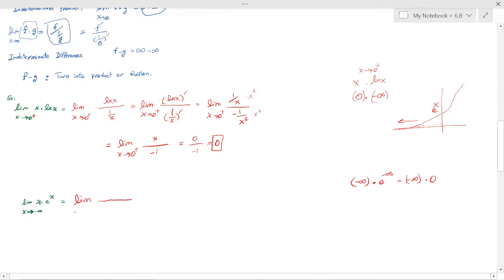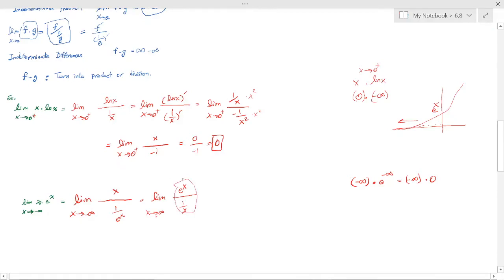I can try to write this in terms of the exponential: either x divided by 1 over e to the x, or I can write e to the x divided by 1 over x. Ask yourself which one looks easier.